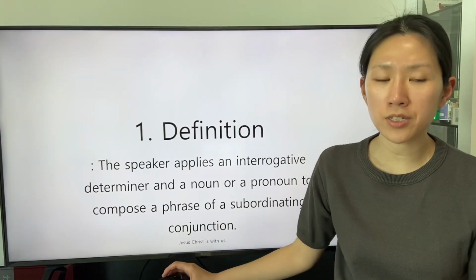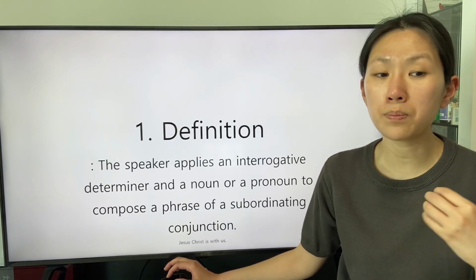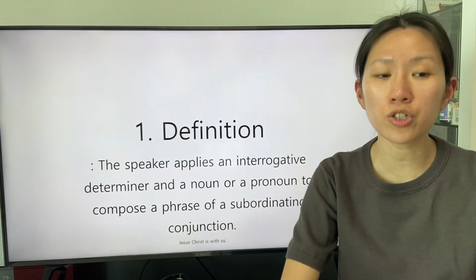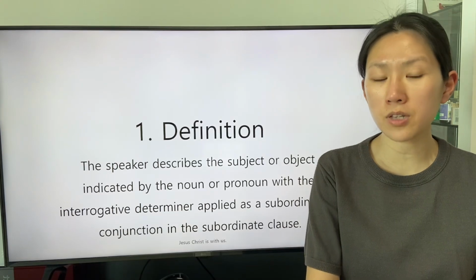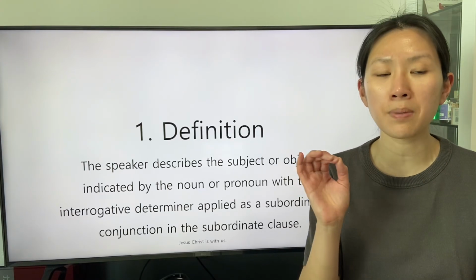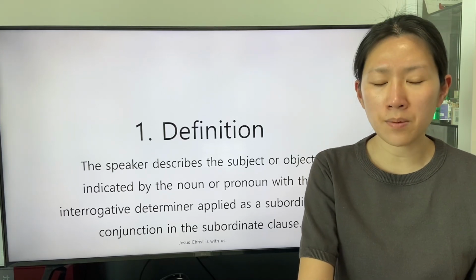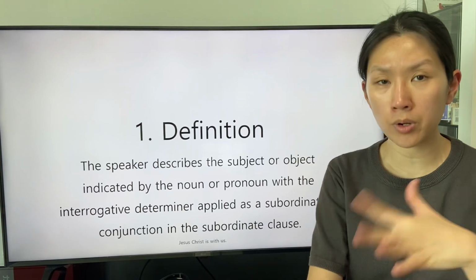The speaker applies an interrogative determiner and a noun or a pronoun to compose a phrase of a subordinating conjunction. The speaker describes the subject or object indicated by the noun or pronoun with the interrogative determiner applied as a subordinating conjunction in the subordinate clause.